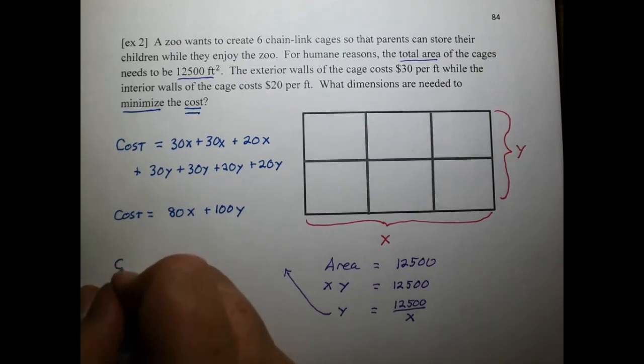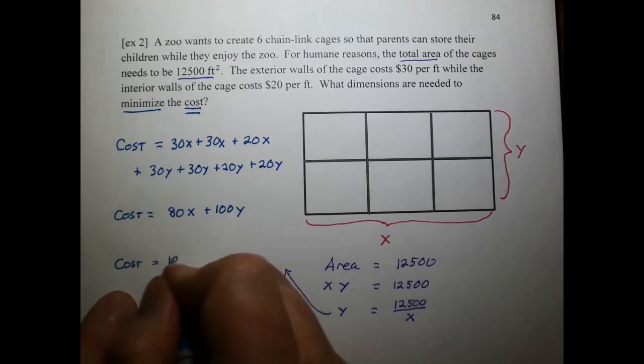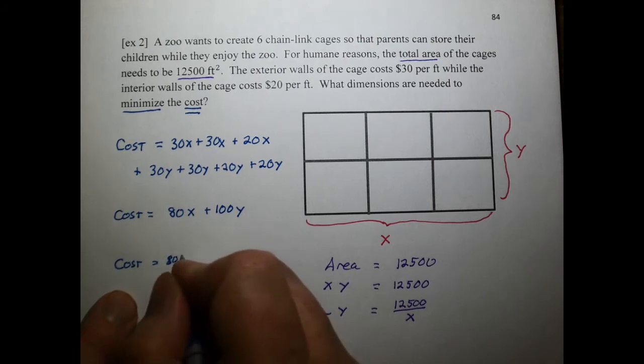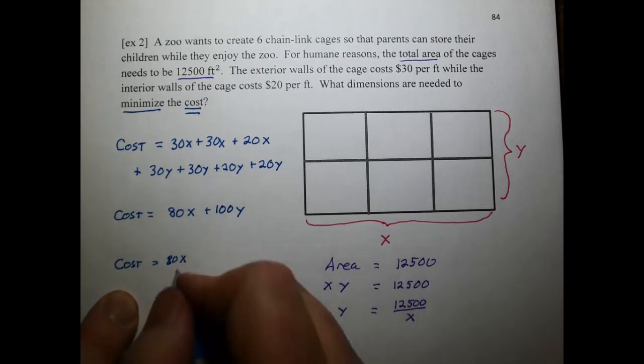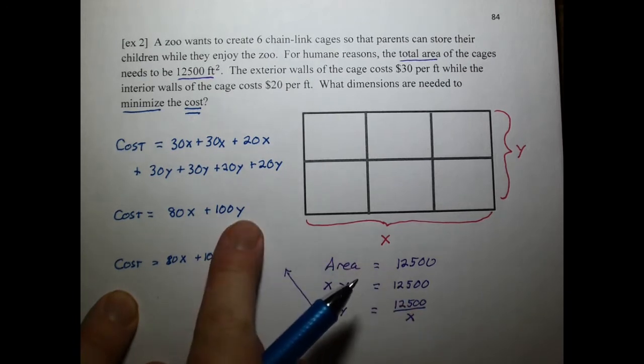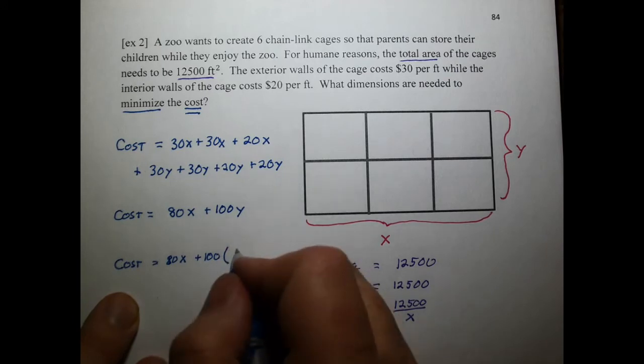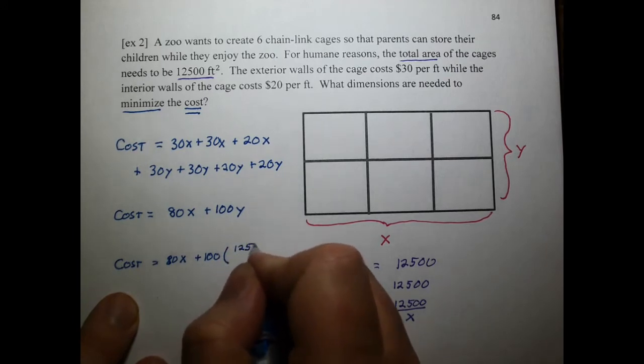Which means that cost is 80x plus 100 times, instead of times y, it's going to be times 12,500 divided by x.